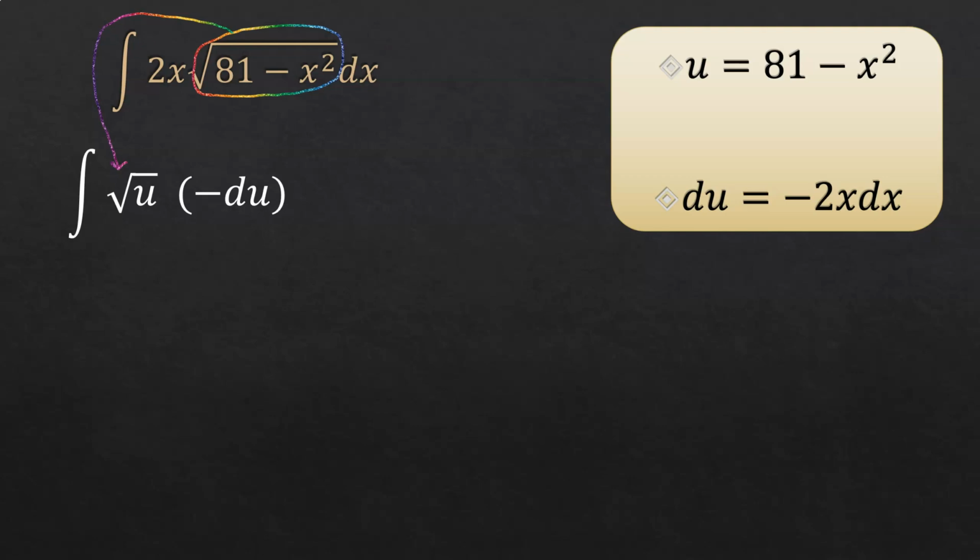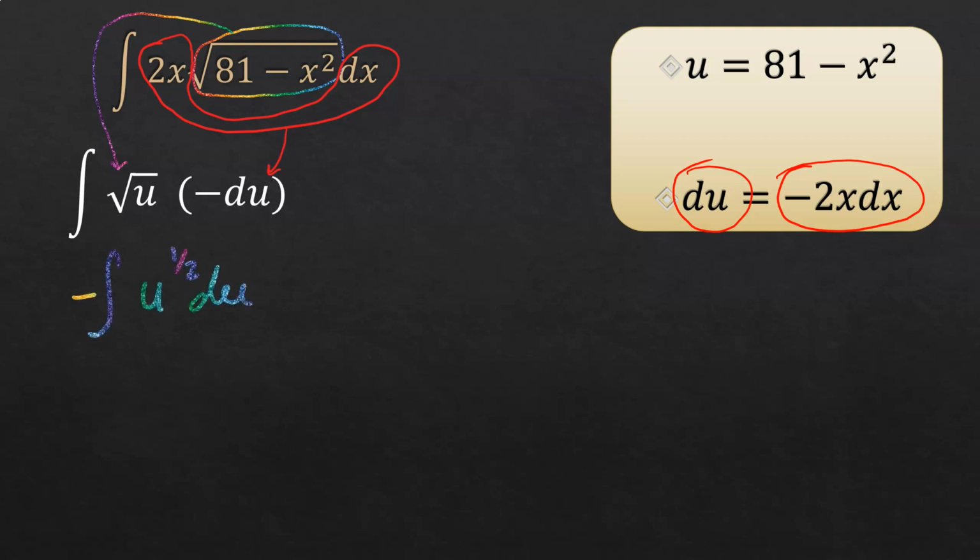What's left over? 2x dx. As you can see here, you have negative 2x dx being du. So positive 2x dx is going to be negative du. Change that to exponent so you can see it a little bit better. Square root is to the exponent 1/2, and we can put the negative in the front.